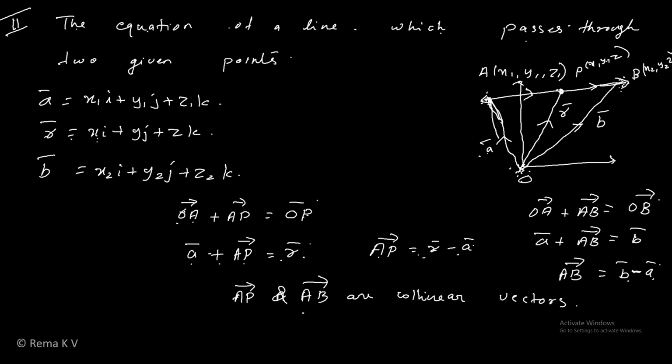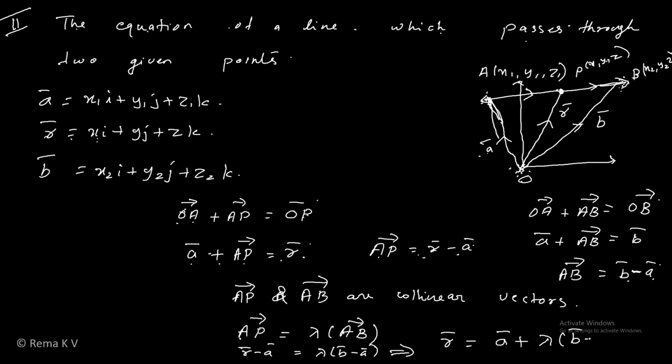So we can write AP is equal to lambda into AB. One is the scalar multiple of the other. AP is equal to lambda into vector AB, or you can write AP as r minus A is equal to lambda into (B minus A), or from here you can write vector r is equal to vector A plus lambda into (vector B minus A).